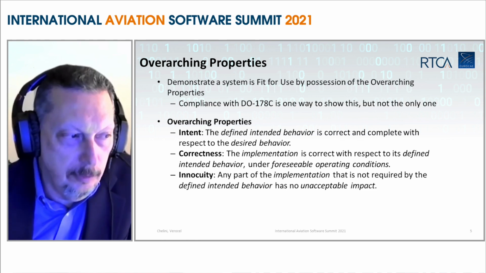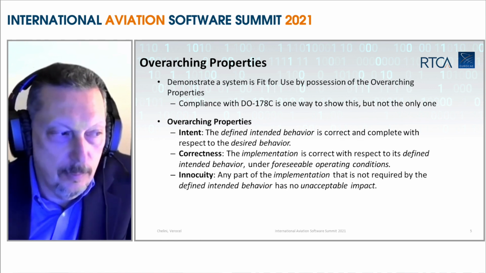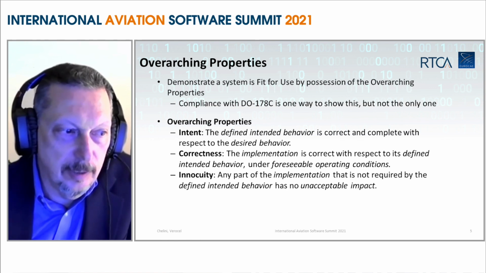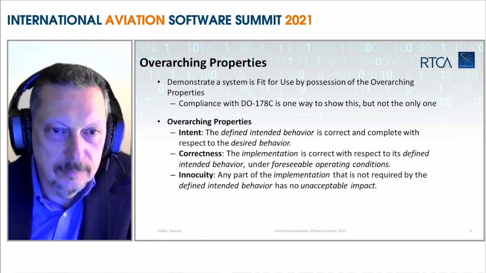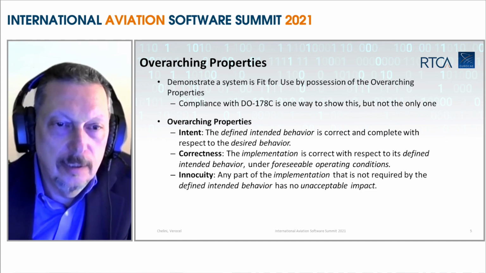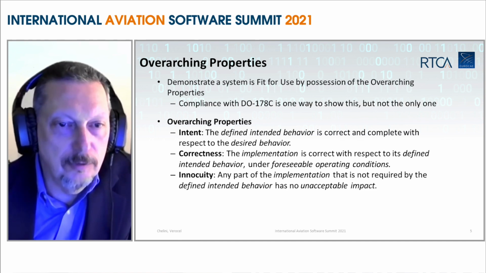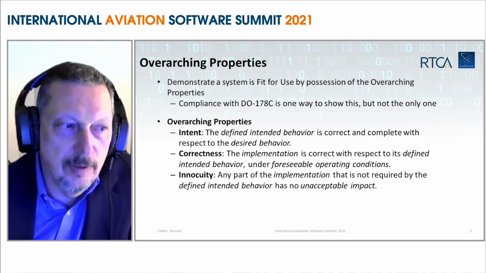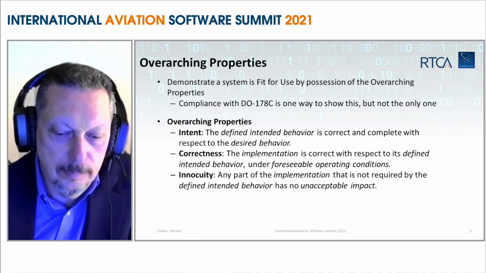And Innocuity: any part of the implementation that is not required by the defined intended behavior is shown to have no unacceptable impact. So basically, we understand what the system must do. We demonstrate that it's correct in its performance of that, and that if there's additional functionality, it does no harm.